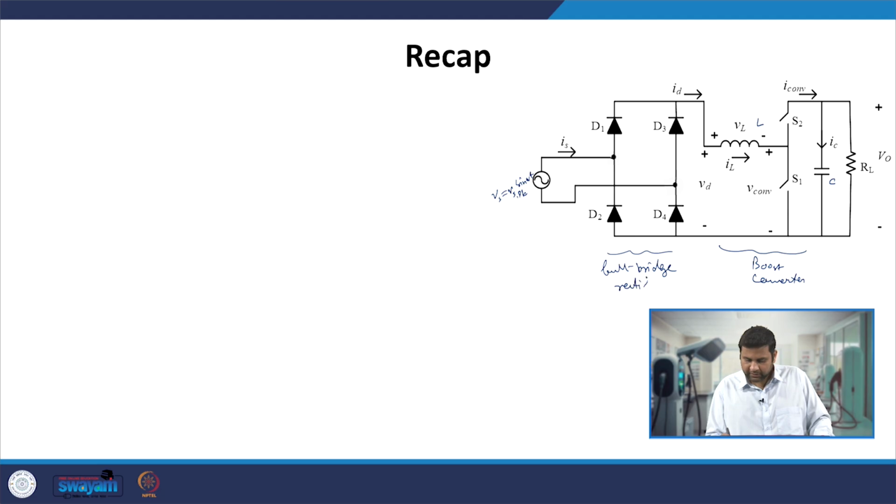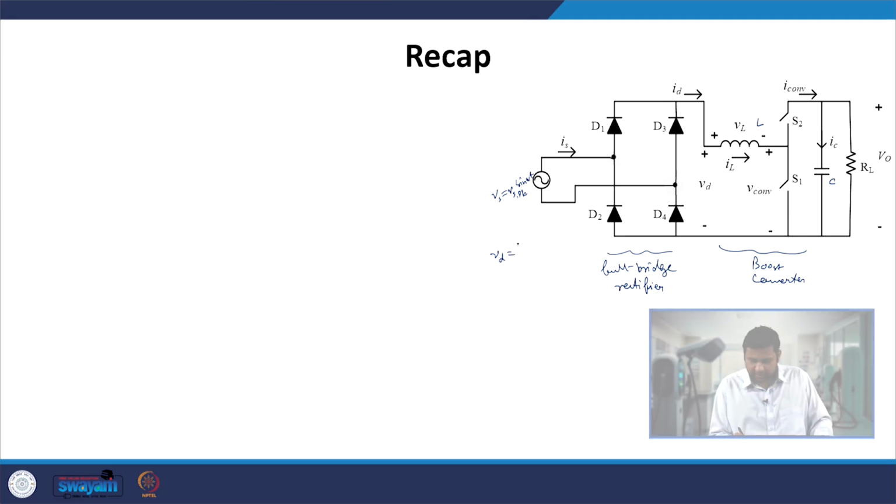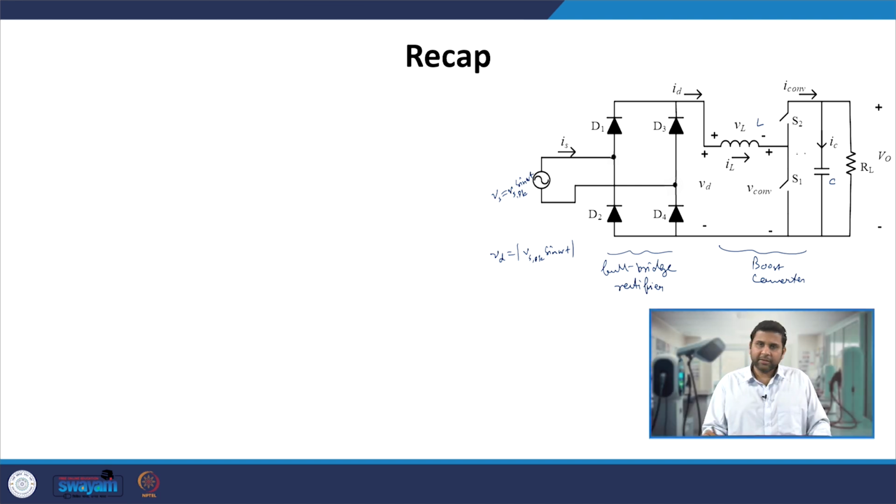In this we have seen that Vd is nothing but the modulus of Vs peak sin omega t, and we varied the duty ratio of S1 and S2 in such a manner that, on an average sense, we draw unity power factor current from the input source, and at the same time the output voltage is kept constant even though Vd has a rectified voltage waveform.